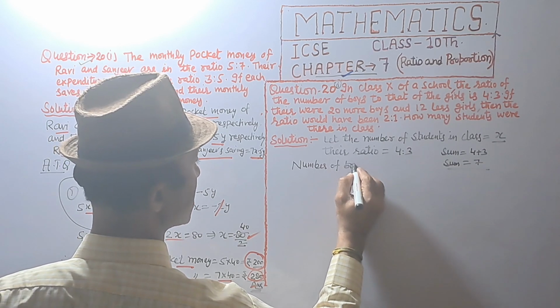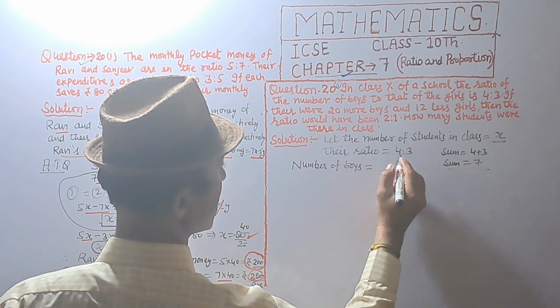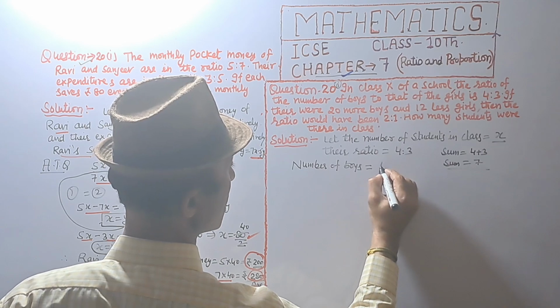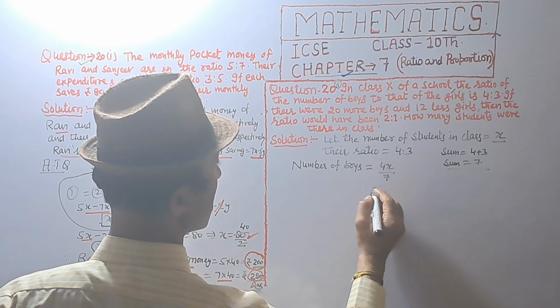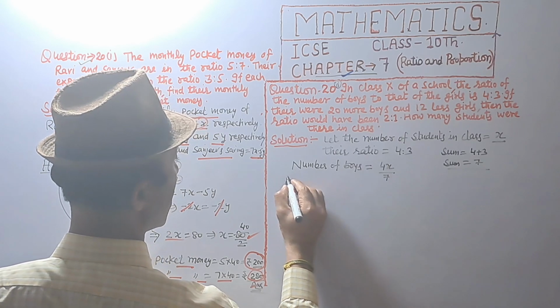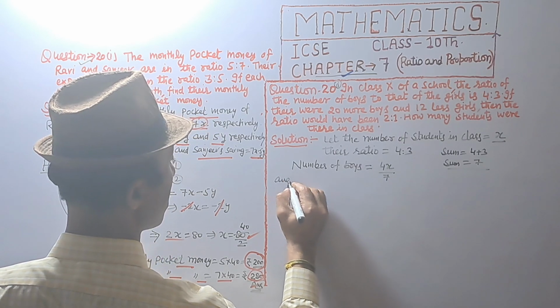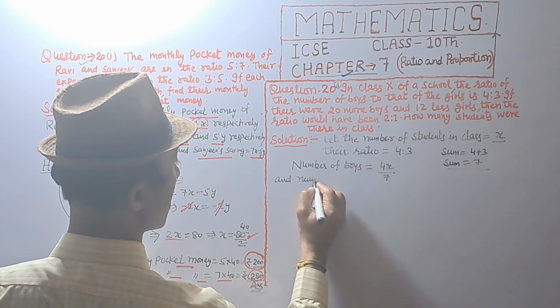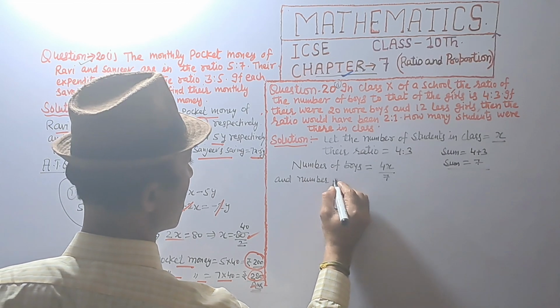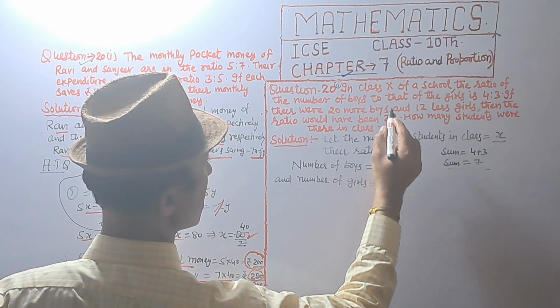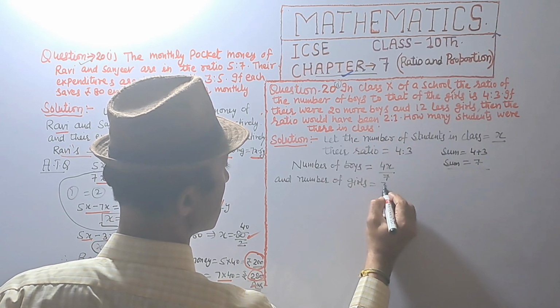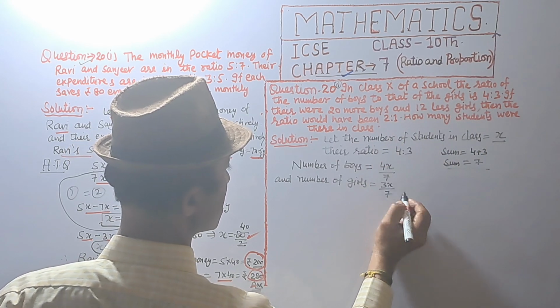Number of boys is equal to 4x upon 7, and number of girls is equal to 3x upon 7.